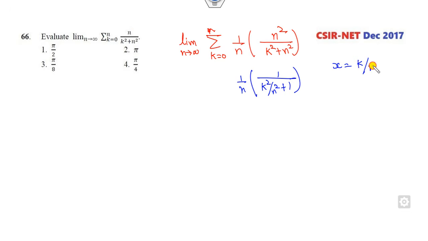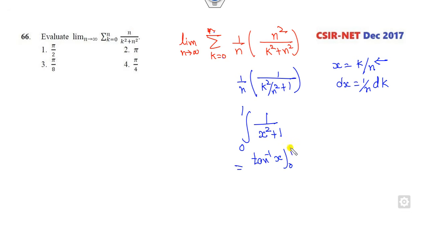Again take this, dx will be 1 over n dk. So it is 1 over x squared plus 1. When k is equal to 0, x will be 0. When k is equal to n, x is n over n, which is 1. What is the integration of this? Tan inverse x. So what is that? It is pi over 4, the right answer of this problem.